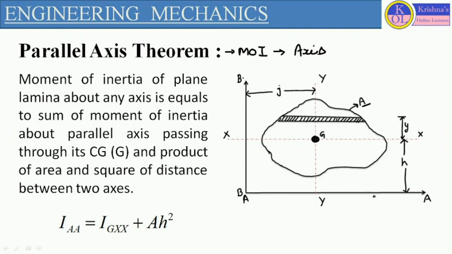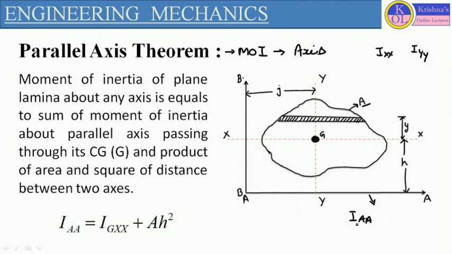Now if we want to define the moment of inertia of this plane lamina about this axis AA, it is represented by IAA. If we are defining the moment of inertia about x-axis, it is represented by IXX. And if we are going to define the moment of inertia about y-axis, it is represented by IYY.